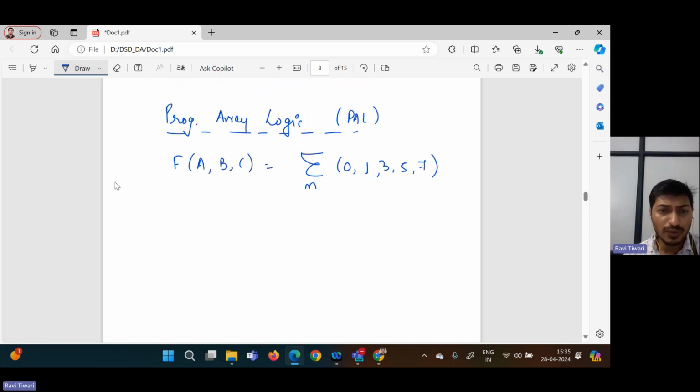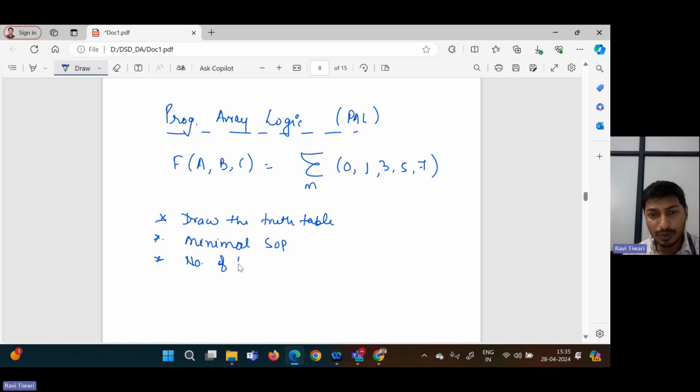So as you know, we have to know the 5 steps. First, draw the truth table. Second step is finding the minimal SOP form, that you can do using either K-map or the theorems. And in the third step, we need to find out the number of input buffers.